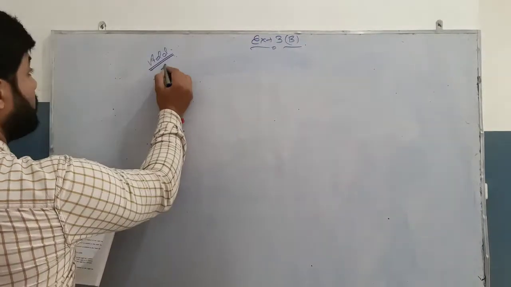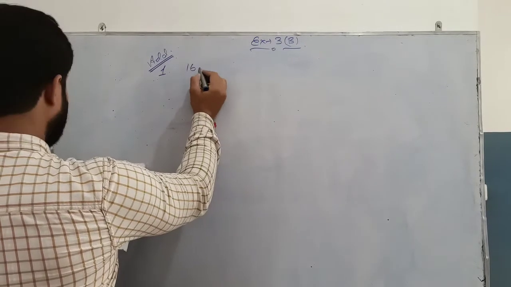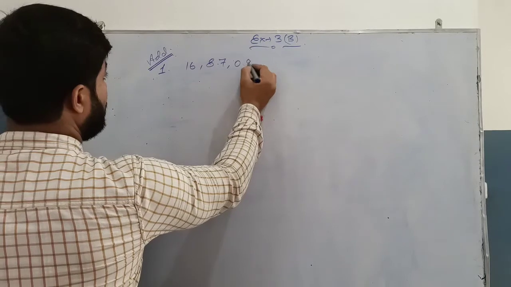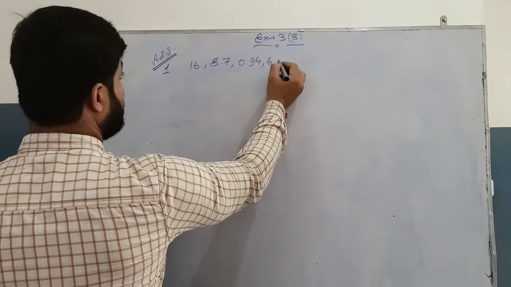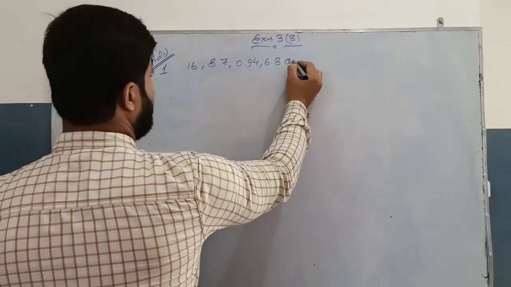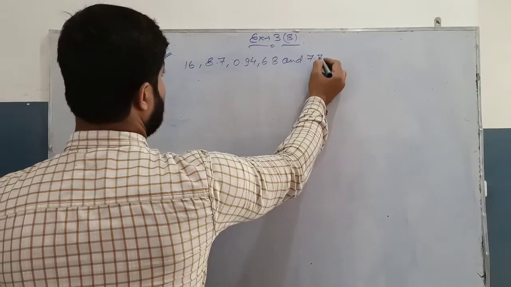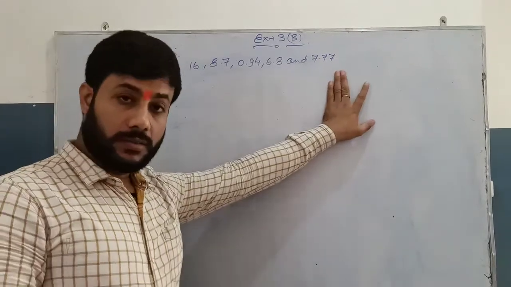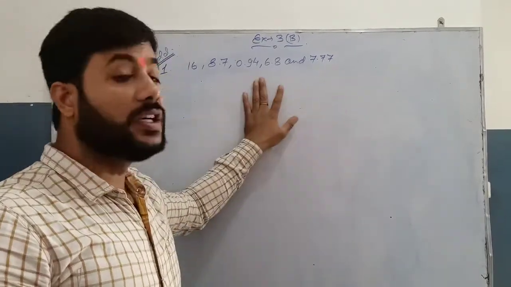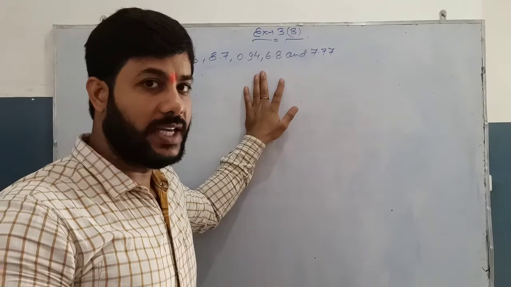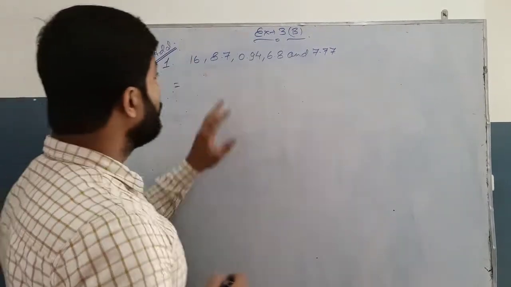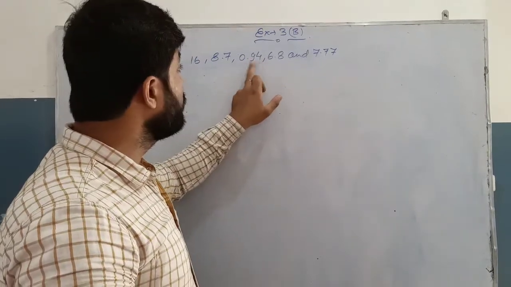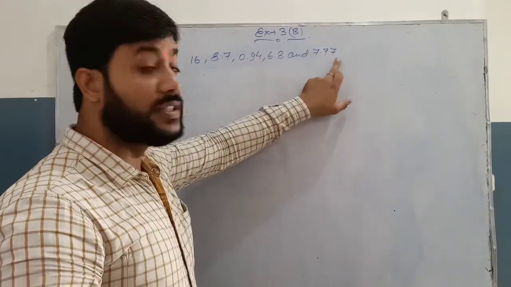Question number 1 says 16, 8.70, 0.94, 6.8 and 7.77. Before adding these given decimal numbers, we have to convert them into like decimals. The maximum number of digits after the decimal is 2, in 0.94 and 0.77.